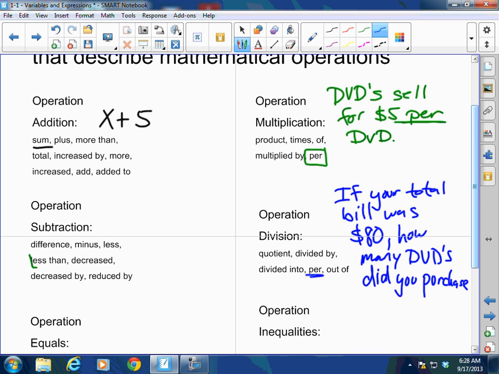Well, in this case, we're going to use per as a division, because it's $5 per DVD and you bought $80 worth, so 80 divided by 5. That was a bad number to use.